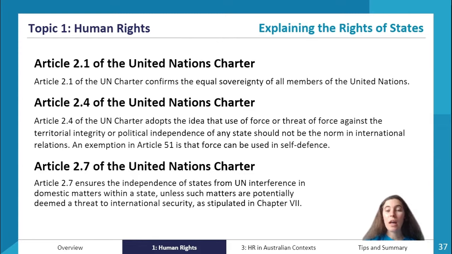So you can see that there are a lot of different things that have stipulations to say that it's not completely absolute. You do have exceptions, because while countries do have their own rights, it has to be within reason. They can't be putting other countries and other systems under threat.